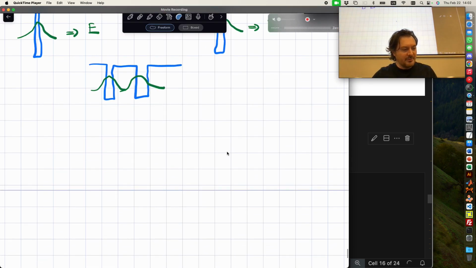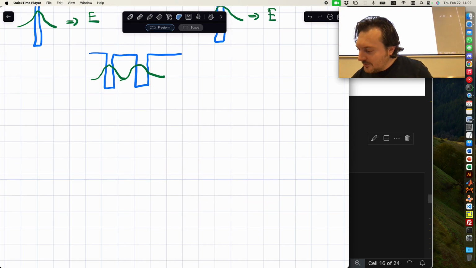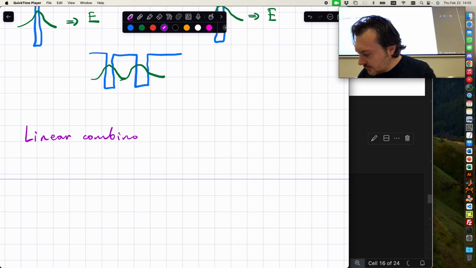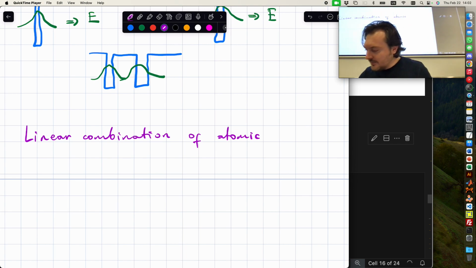So buckle up your seat belts. Hopefully, we will go through it quickly. Linear combination of atomic orbitals. Of orbitals. Doesn't need to be atomic.